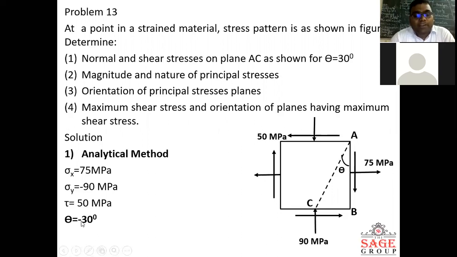Because when we derived the formula for this method, we had taken theta in this place. Now the question gives it in this place, so that's why I put the minus sign here. That is the reason we took theta with a minus sign. Okay, let's move to the next slide.